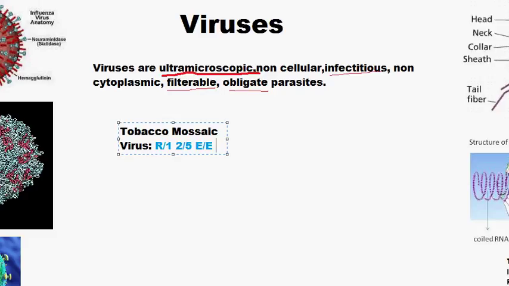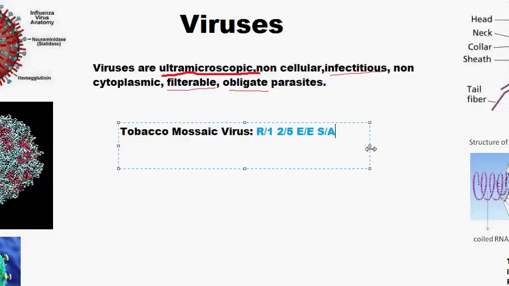I will make you understand what these terms mean. This way of naming a virus is called the cryptogram. Let me first give you some other cryptograms also, if you are interested.